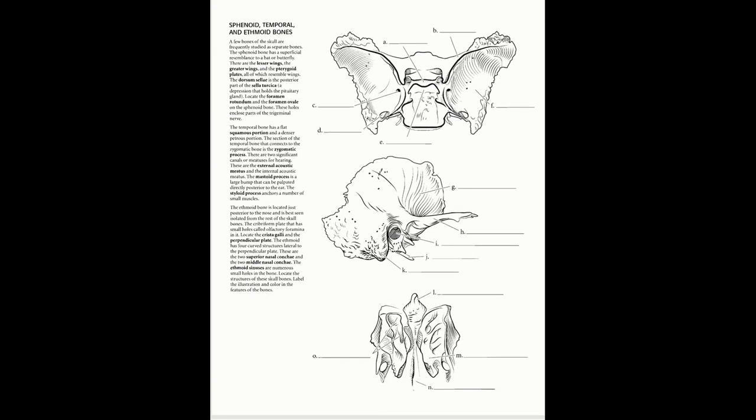There's also features of the temporal bone that we've gone over quite a few times, so we'll talk about those. And then finally, on the bottom of this page, we'll talk about the ethmoid bone, which is the bone right behind your nasal bone. All right. So up here we have the sphenoid bone. Let's go ahead and talk about that.